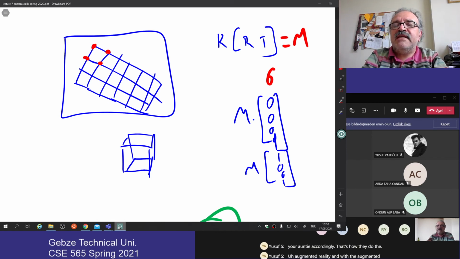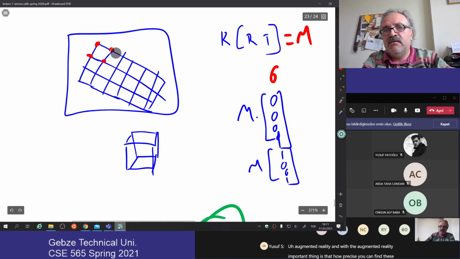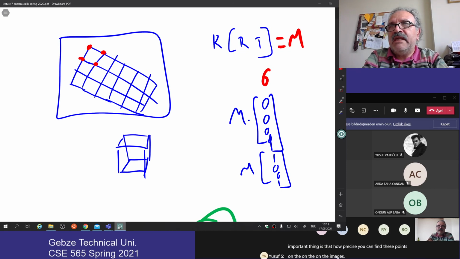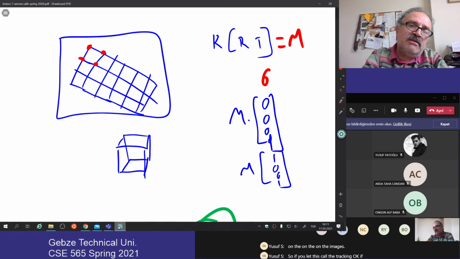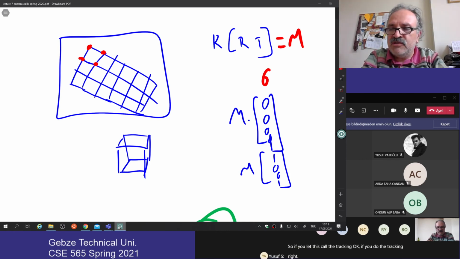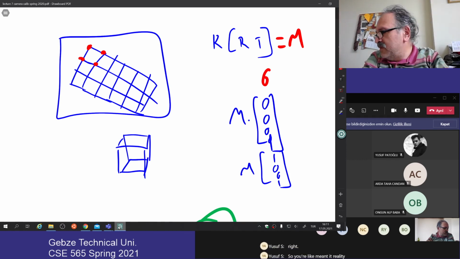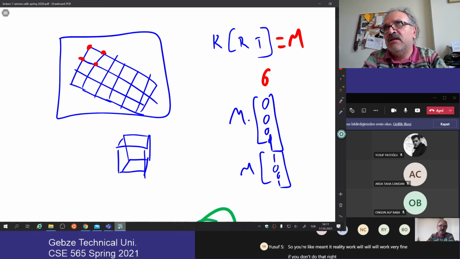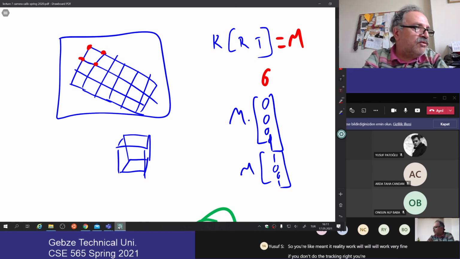The important thing is how precisely you can find these points on the images. That's called tracking. If you do the tracking right, your augmented reality will work very fine. If you don't, your augmented reality system will not work very well.